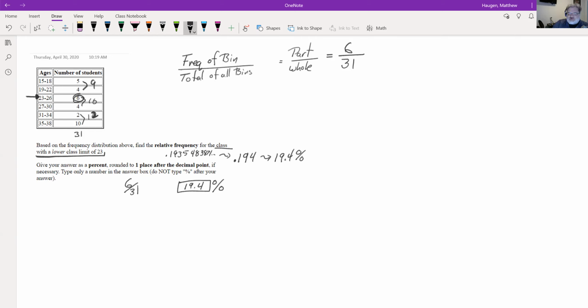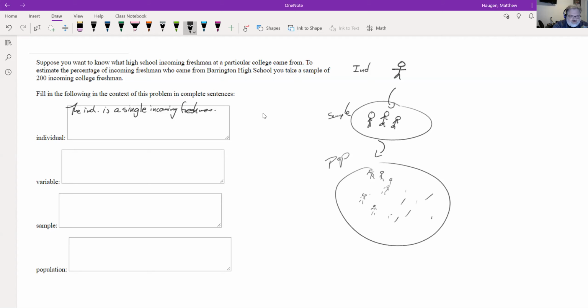Then that study would be individual classes, and each individual class would be sending a value for how many students. So the individual is specific to where the particular values are coming from. Our particular values are coming from single incoming freshmen.